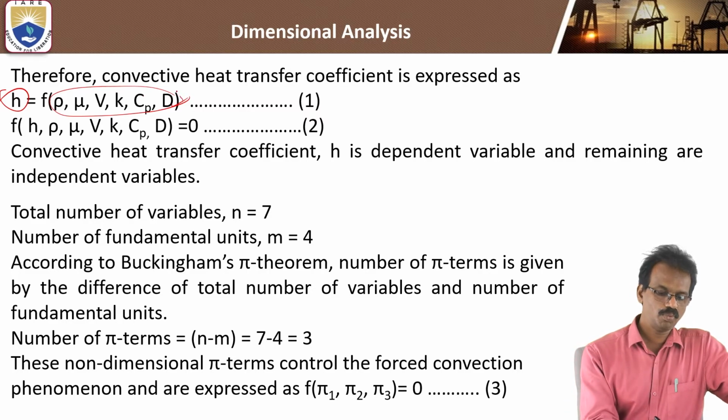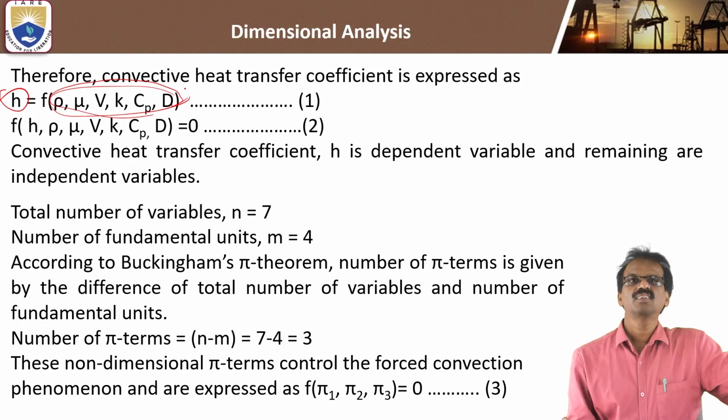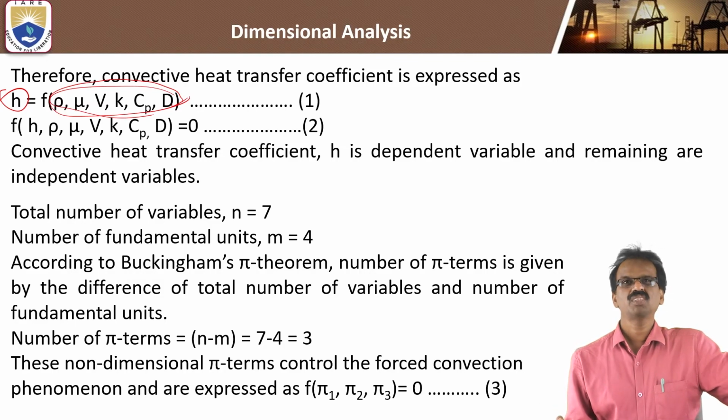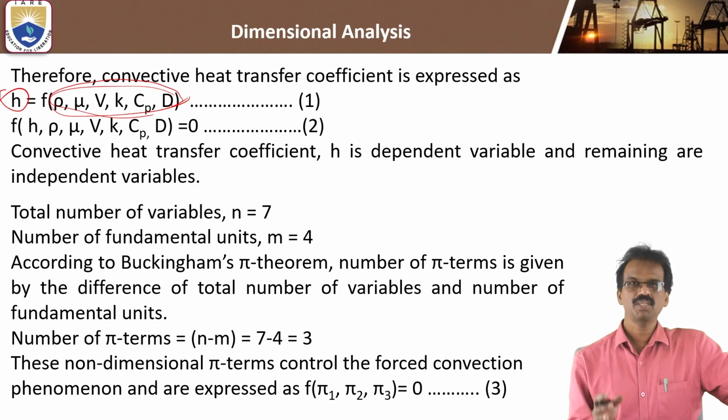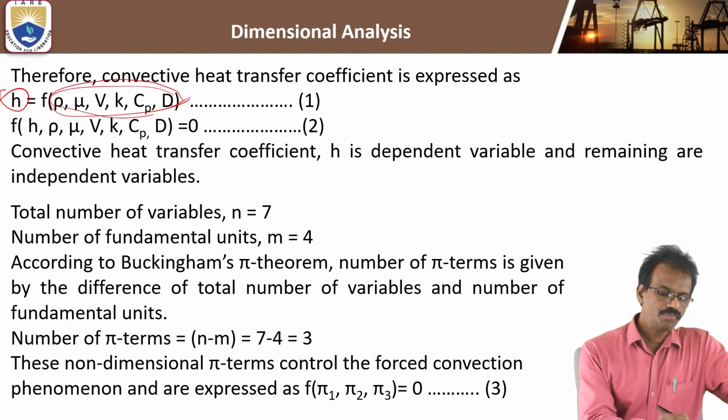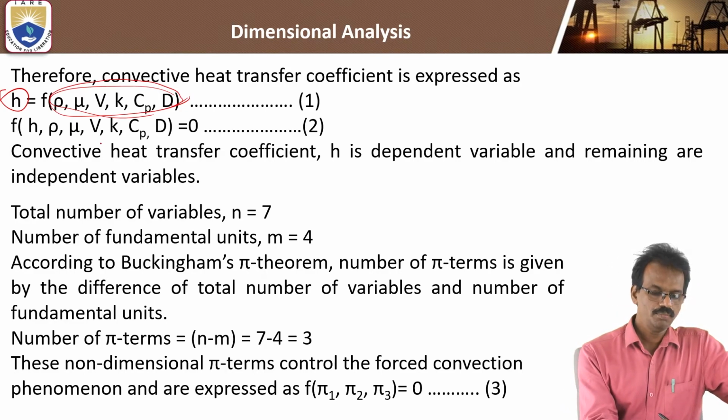These are the properties taken. From the numerical we also saw that these parameters are taken from the data with respect to the temperature of that particular fluid. So h is a function of rho, u, mu, v and k, c, d. These are the parameters.